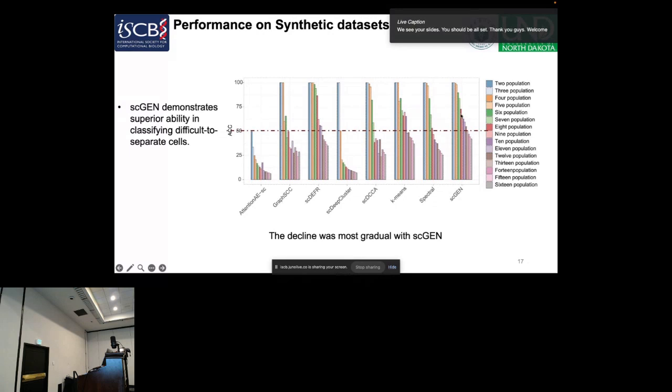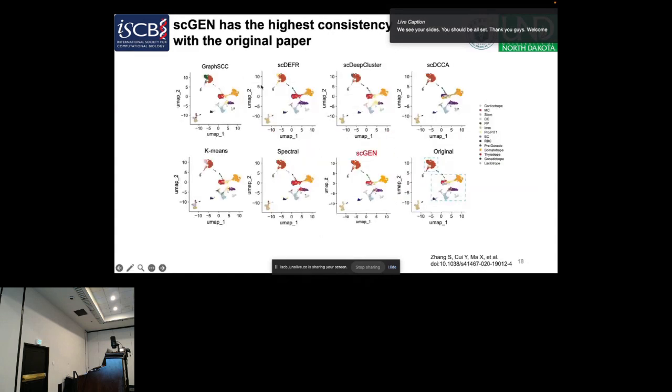This demonstrates scGEN's superior ability to classify these difficult-to-classify cells. So both real and synthetic data show scGEN gives more accurate clustering results, which will help later biological analysis.